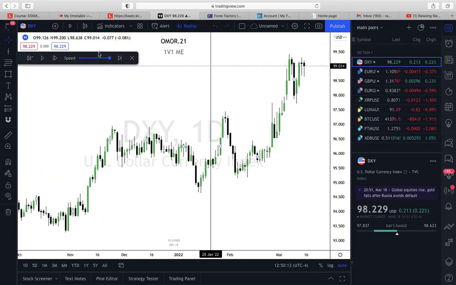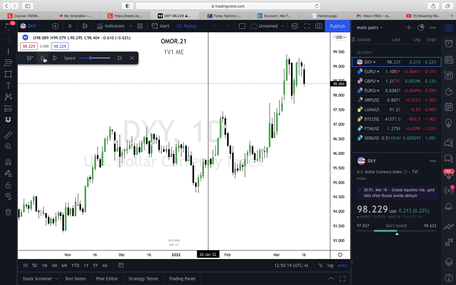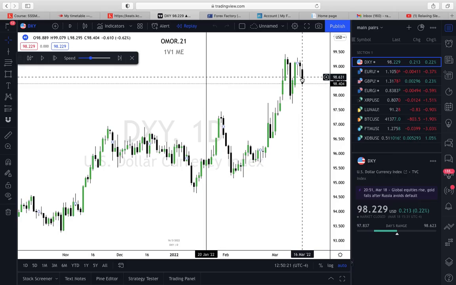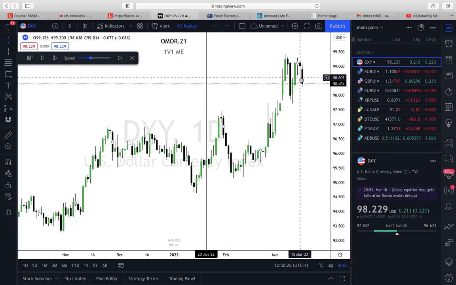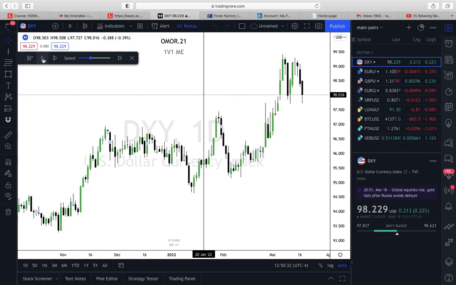Let's replay it from here. What's left here? From this wick to the candle's bottom here, imbalance is left there. That imbalance is still there within that candle. It has not been traded into.